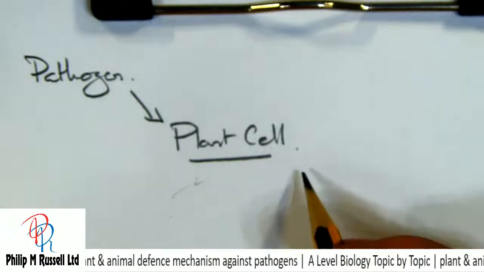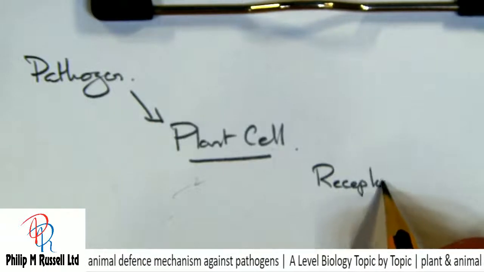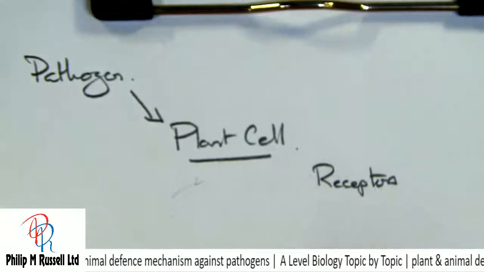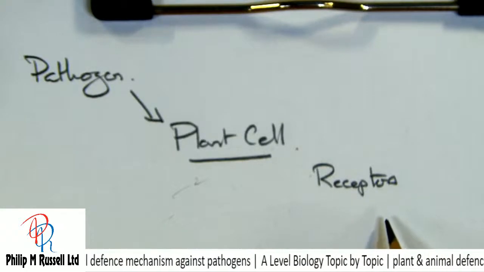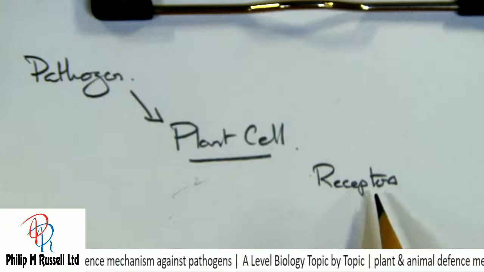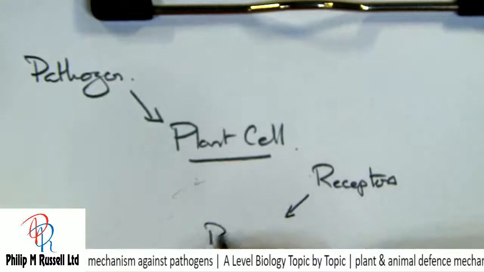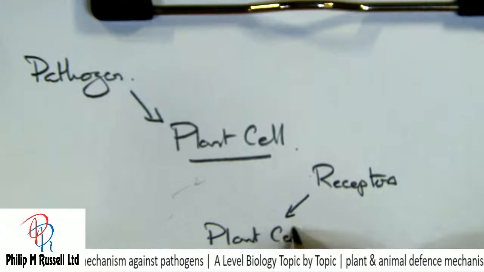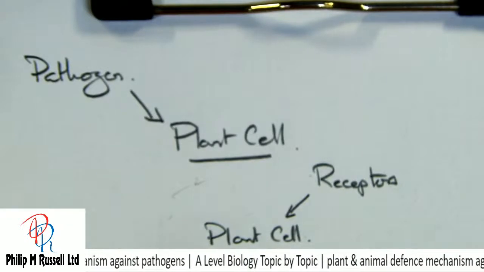So there are in the plant cells here receptors, and these receptors respond to molecules from the pathogens, and they produce something which can then go to tell other plant cells to be prepared, I suppose.